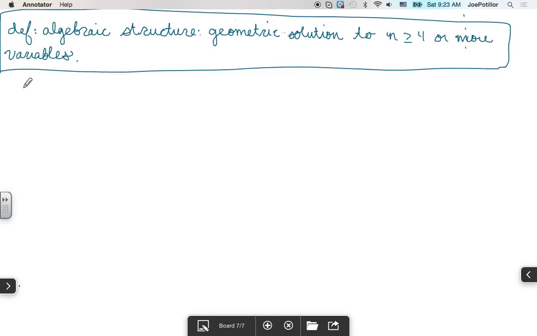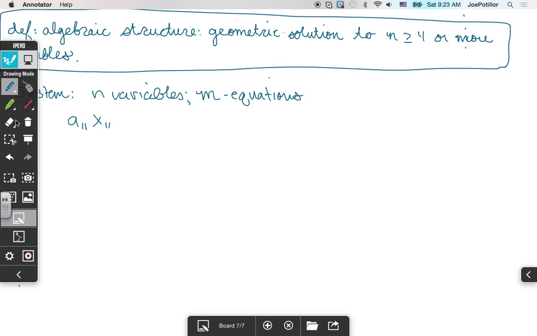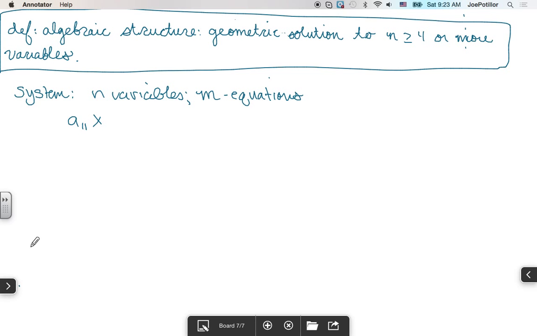So a system in n variables, we have x sub 1 plus x sub 2 plus the dots, up to x sub n is equal to b sub 1.